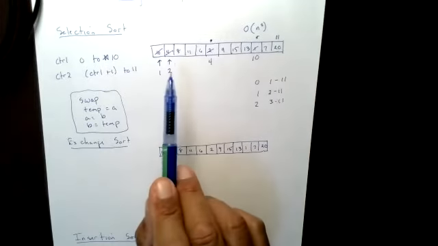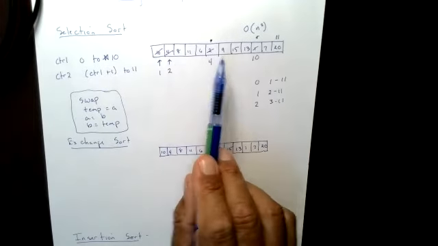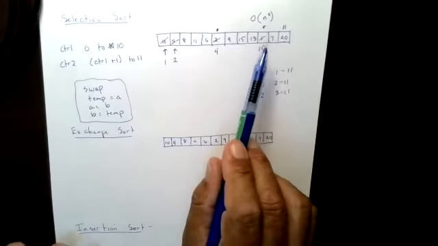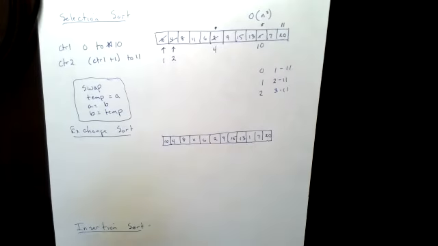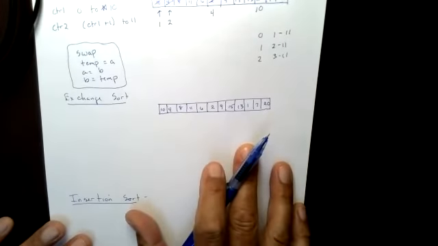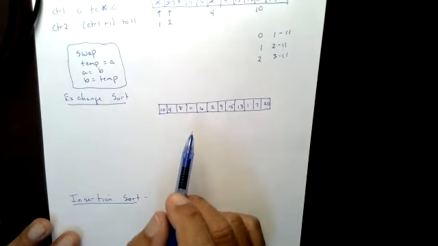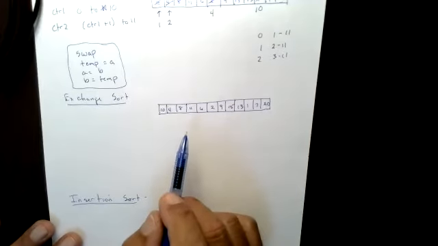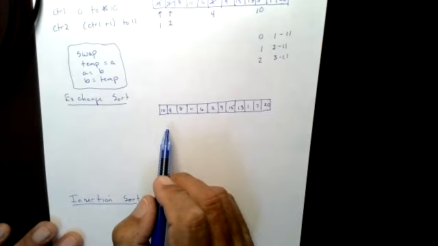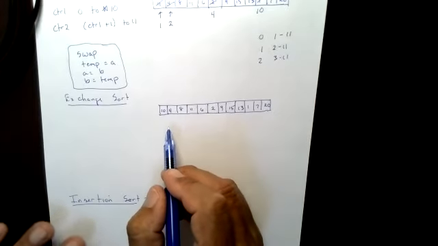So selection: I went through and selected, and then I swapped. Now the exchange sort. Does anybody remember how that worked? It looks at adjacent things and swaps them if they're out of order. Exactly.